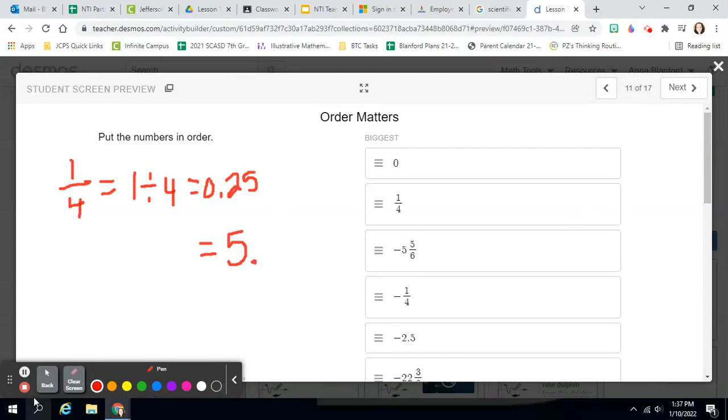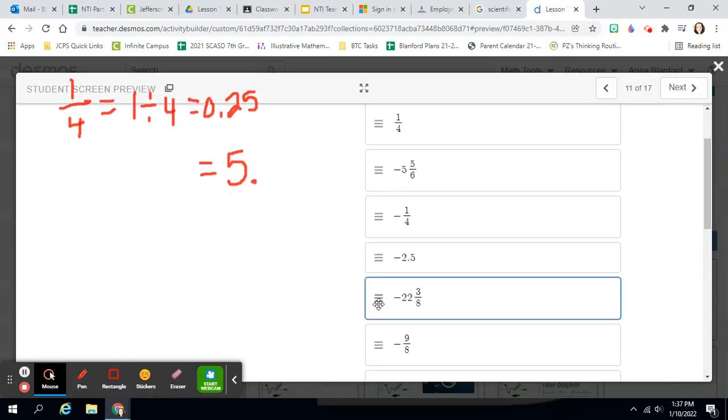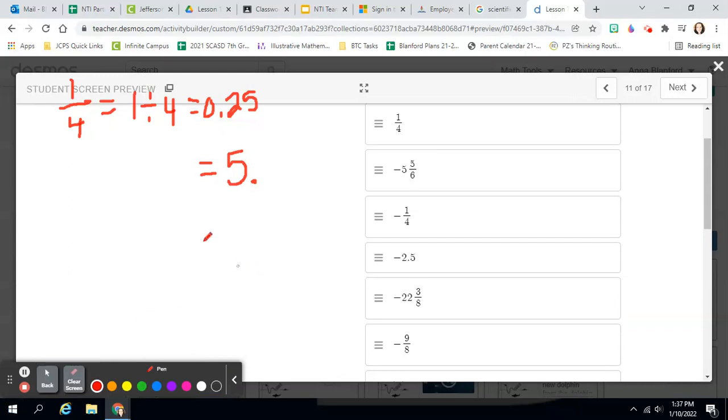This one down here, it's negative 22 and 3/8. Well, the 22 isn't part of the fraction. It's going to be the part that goes in front of the decimal, right? So the rest of it then becomes the same. So let's go back up.